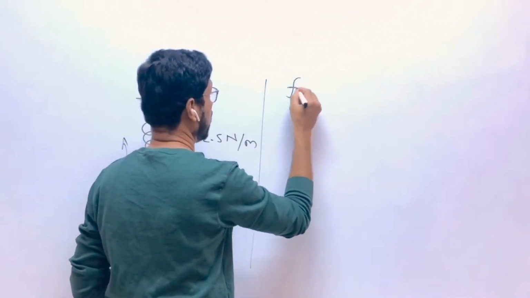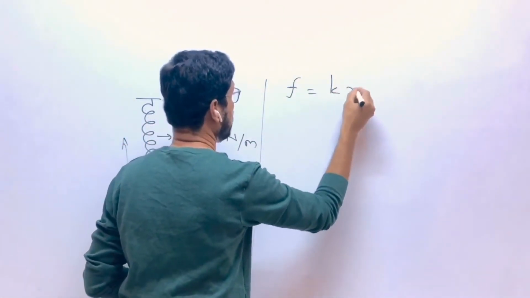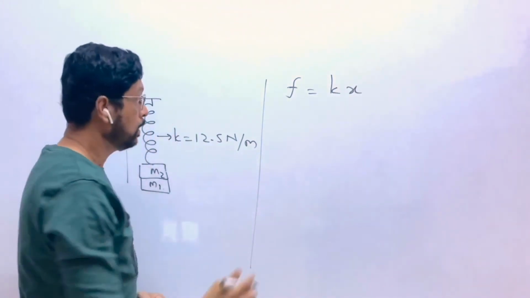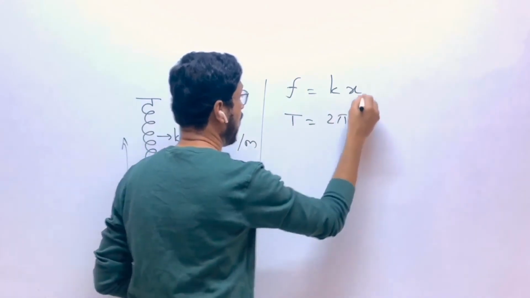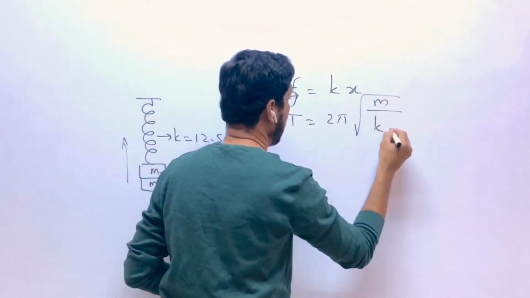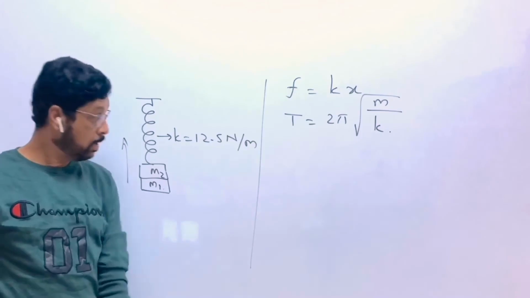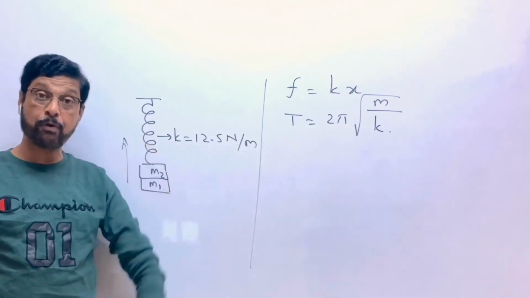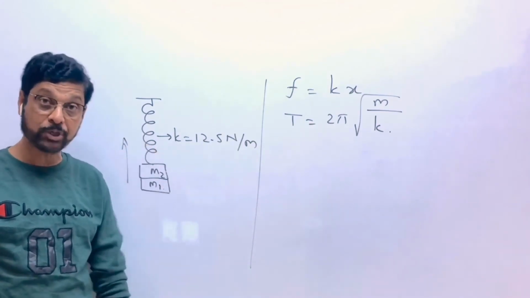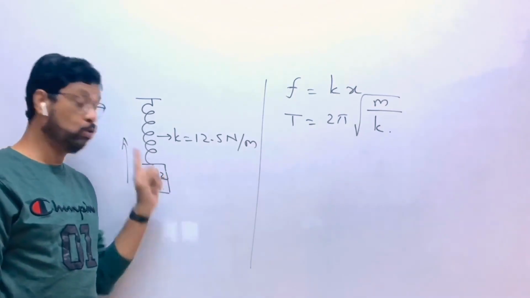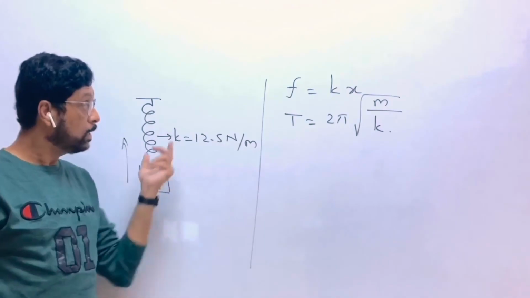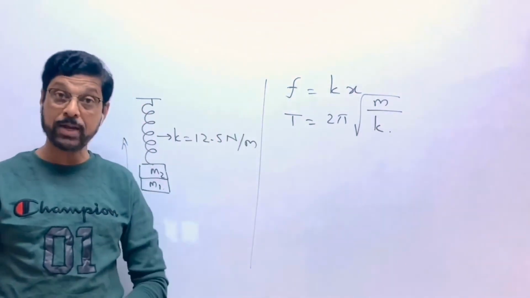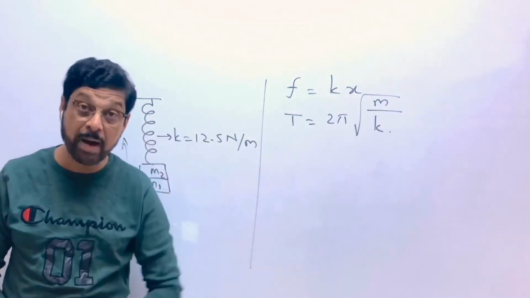So in this case, restoring force F, which is Kx, and T is equal to 2 pi under root M by K. Now, which mass is performing simple harmonic motion? M2 is performing simple harmonic motion. And it is performing simple harmonic motion due to which mass?